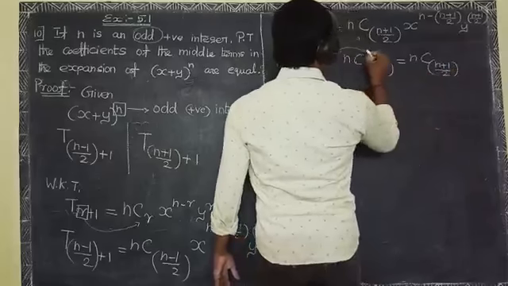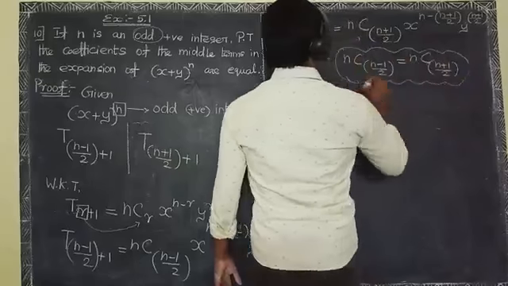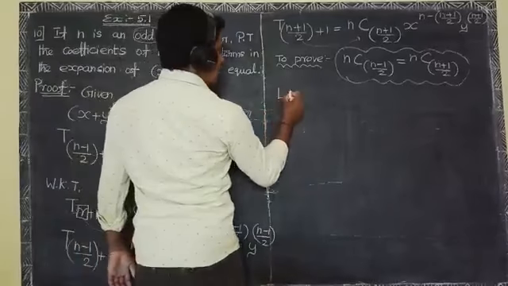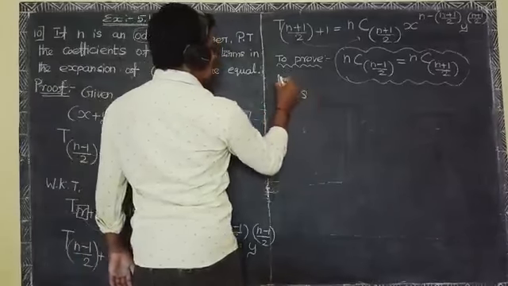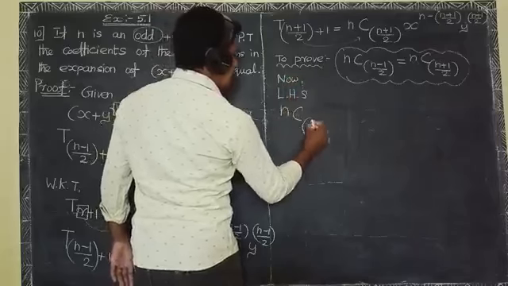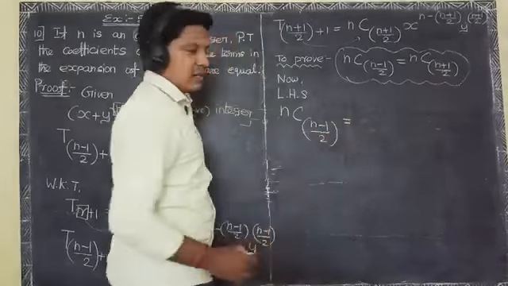Here we take the LHS, that is nC(n-1)/2.